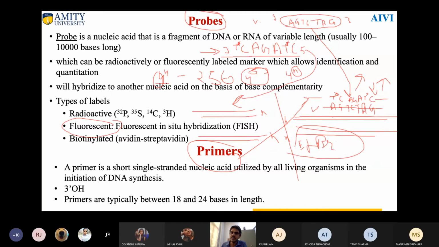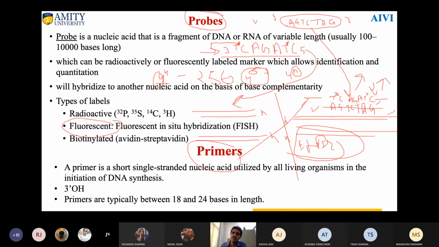In this case, with ETBR, you cannot differentiate this one and this one. But we need a fluorophore which can differentiate. So instead of labeling with the radioactive one, at any end we add a fluorophore.